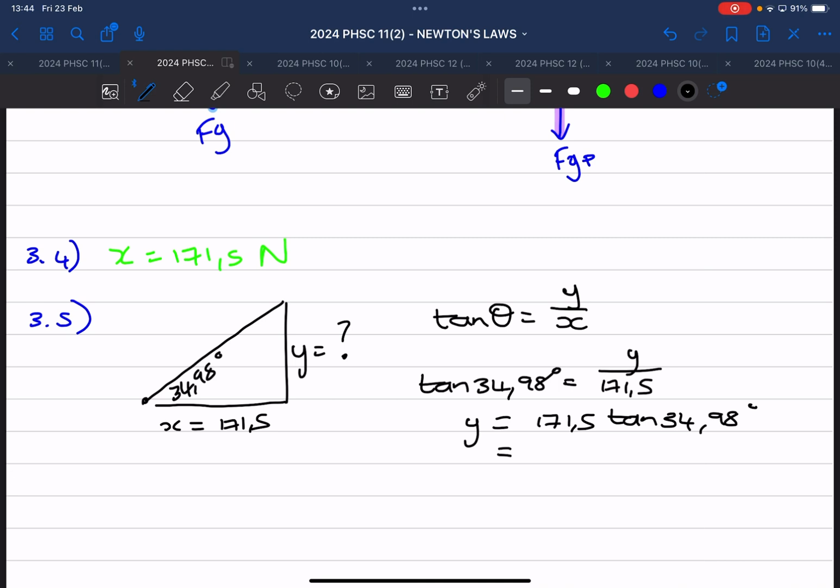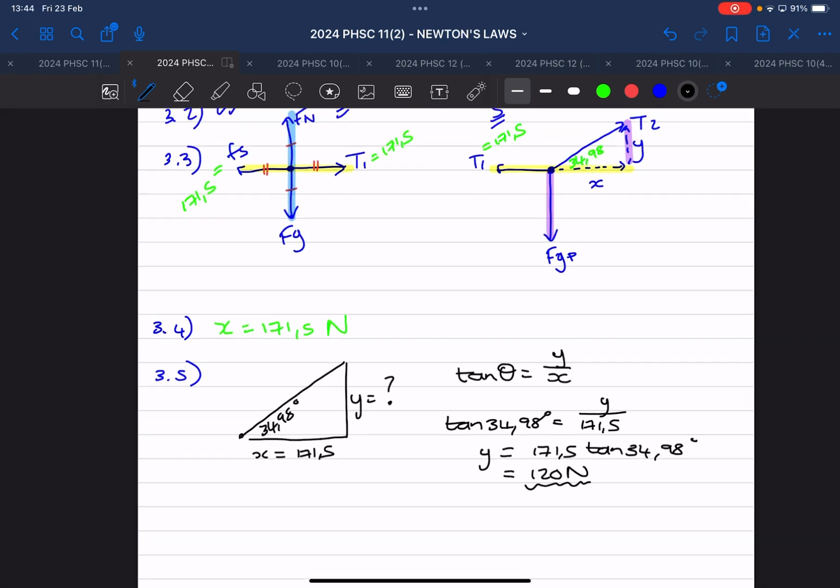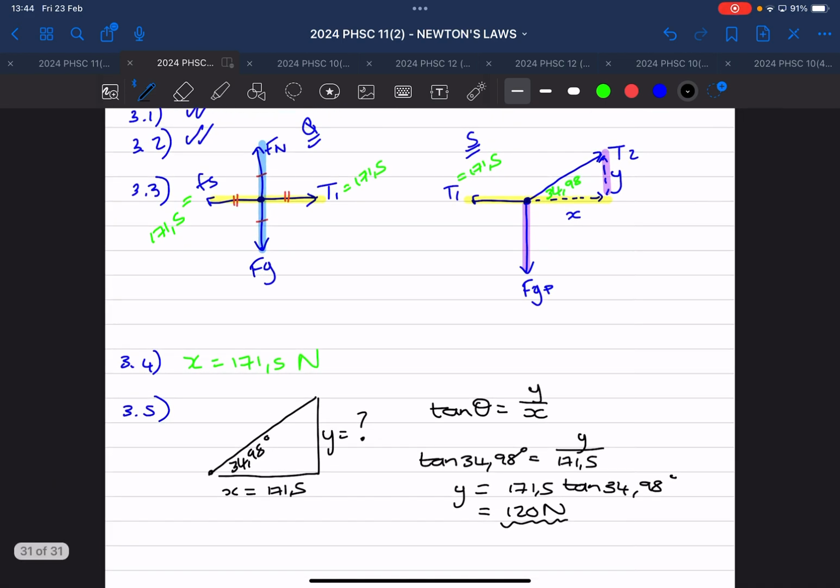So what is it? 120 newtons. Okay, so we got this now to be 120.